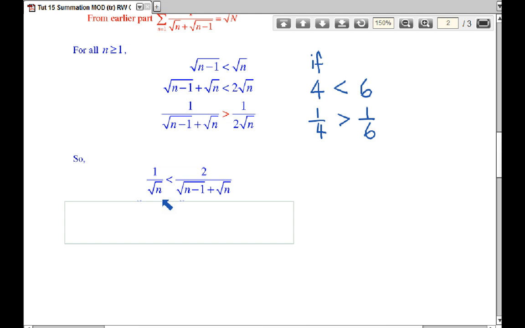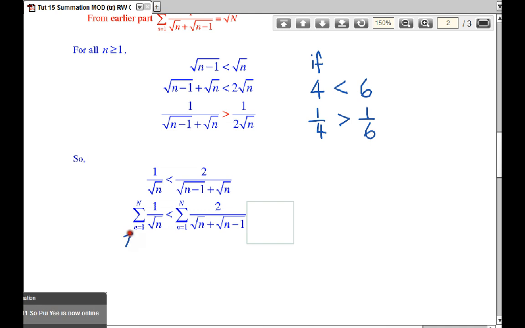Then I apply the summation sign on both sides. Okay, so from this step to this step is not too bad. I just apply the summation sign here, summation sign here. Same thing.